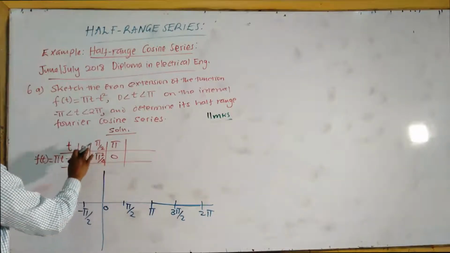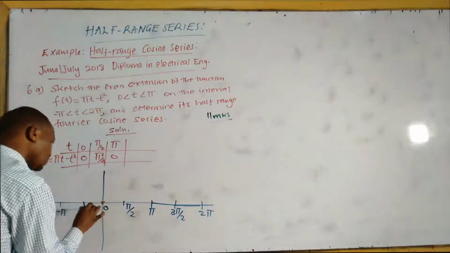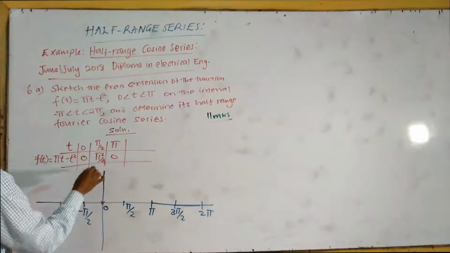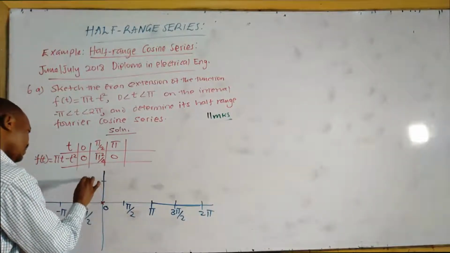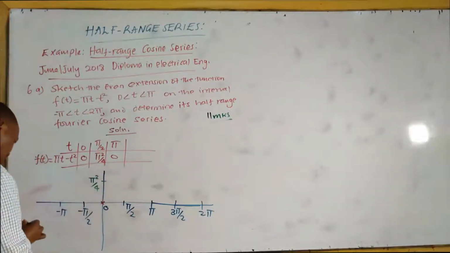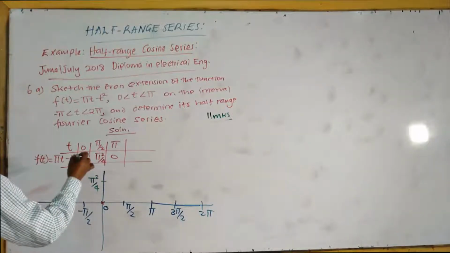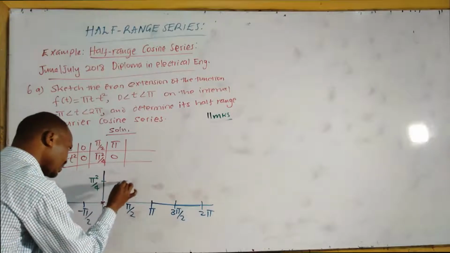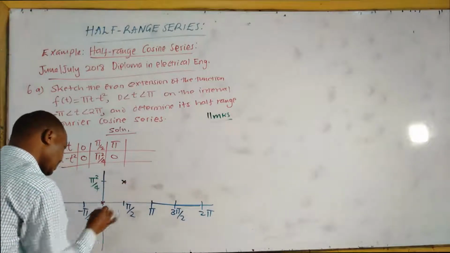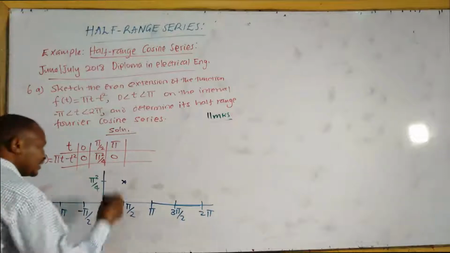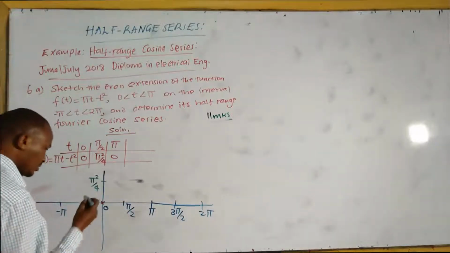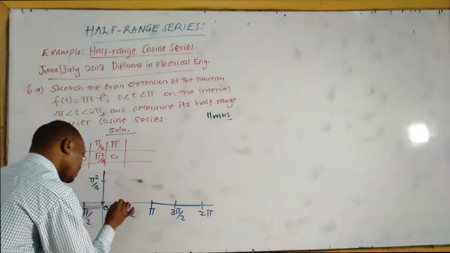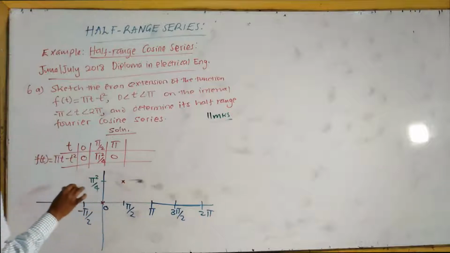When t is equal to 0, the function is equal to 0. On the vertical axis, I only need pi squared over 4. When t is pi over 2, the function is pi squared over 4. So it's this here. Let me use a different color, green, and here, pi squared over 4.